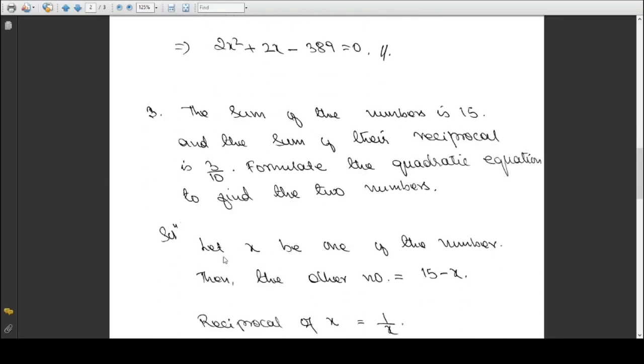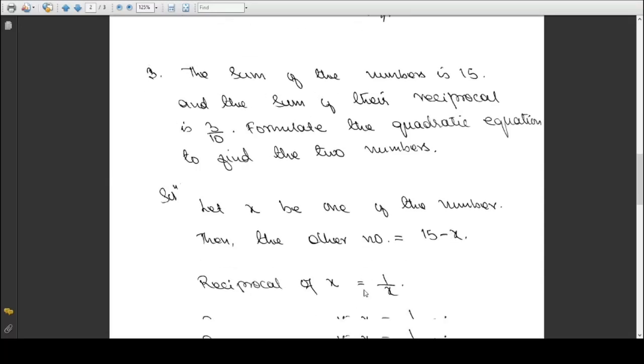Now in the solution, let us consider that x is one of the numbers. If you know one of the numbers, what will be the other? It will be the sum of the two minus one of the numbers. 15 minus x will be the other number, as I've given you just now as the example.